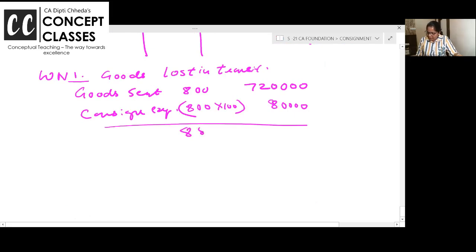So the total cost of 800 packets is 8 lakhs. Out of this, goods are lost in consignment. How many? One packet. 800 packets are there, and just one packet is lost.